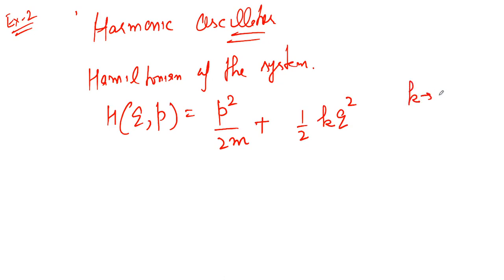I will write all the other notations: k is generally known as the spring constant or force constant, and m is the mass of the oscillating particle.